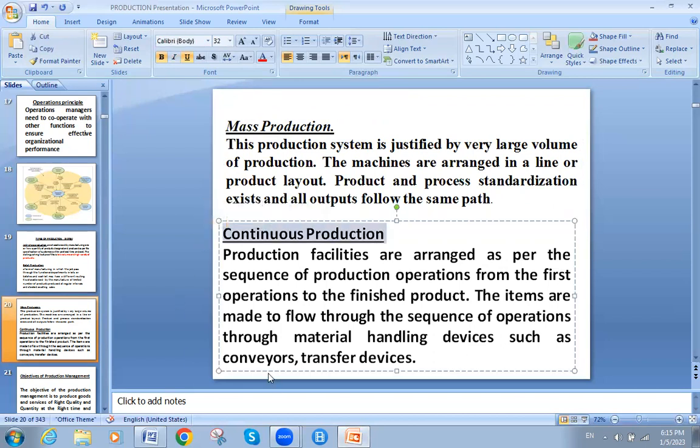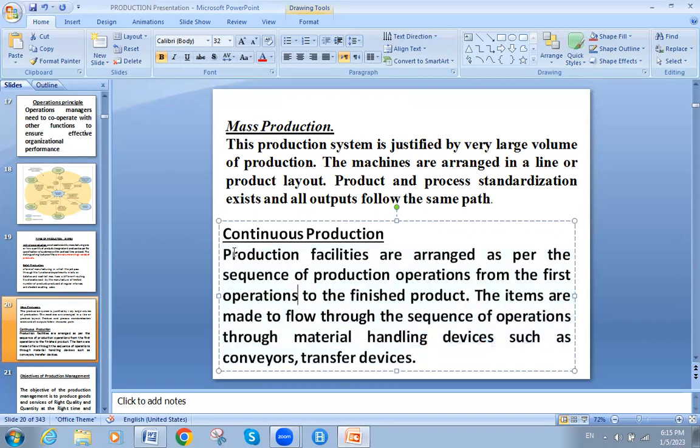The fourth type we call continuous production. In continuous production, production facilities are arranged as per the sequence of production operations, from the first operation to the finished product. The items are made to flow through the sequence of operations through materials handling devices such as conveyors and transfer devices.